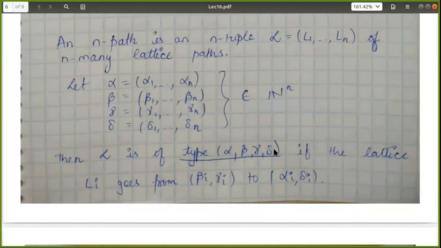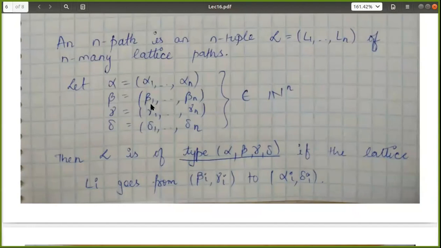Fine. So can you tell me what is L1 going from? What is the lattice path L1? Beta 1, gamma 1 to alpha 1, delta 1.